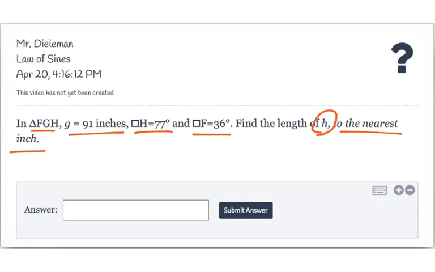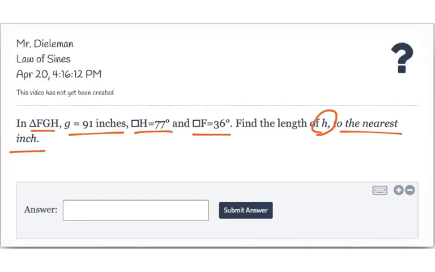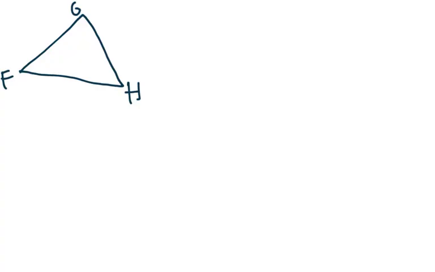Hopefully that's big enough. Now we've got our smallest angle is F, then G, H. Side length G is 91 inches. G is always going to be across from the vertex G, so 91.